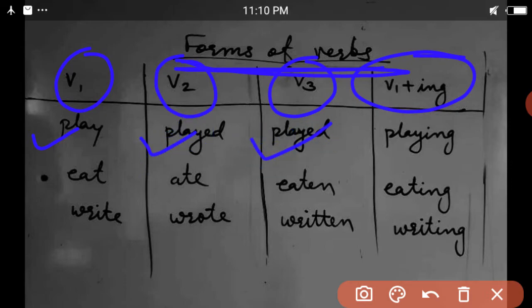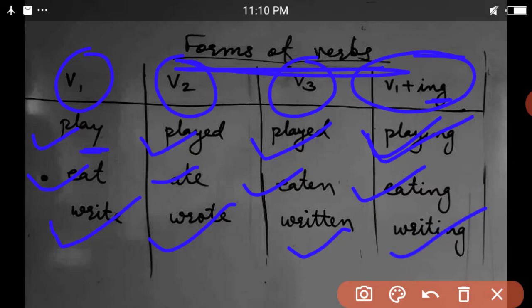Remember, if any verb has its V2 form ending with ed, at that time the V3 form remains the same. Next, fourth column, V1 plus ing, that is playing. So the word play, which is V1, is joined with ing and the word becomes playing. Next example, eat, ate, eaten, eating. Next example, write, wrote, written, writing.